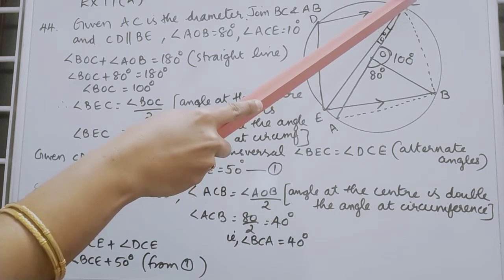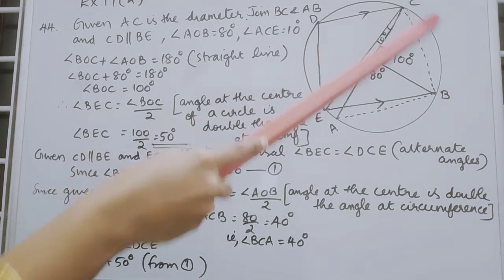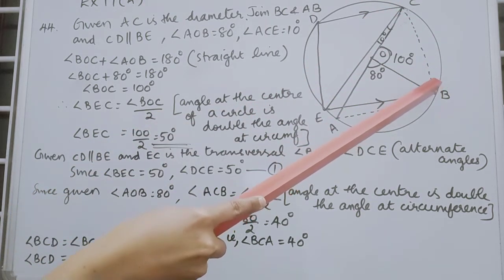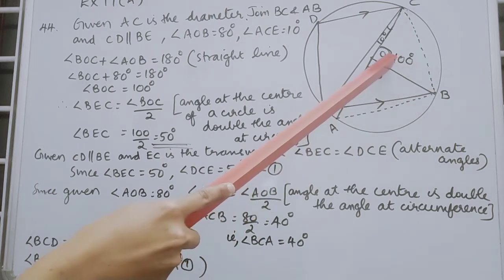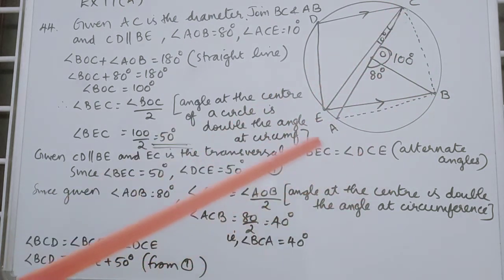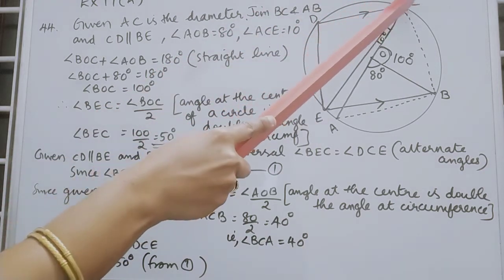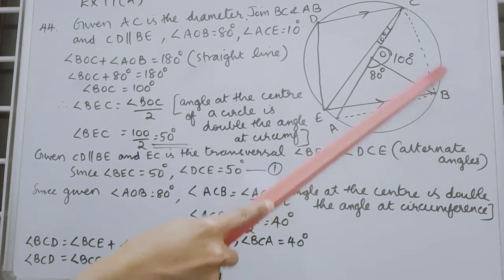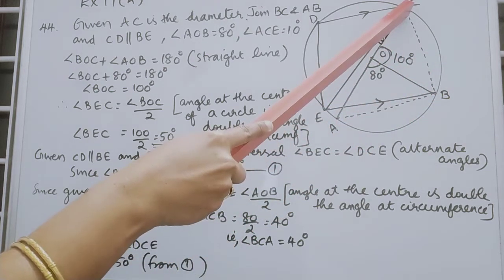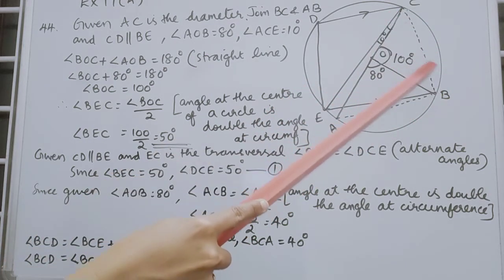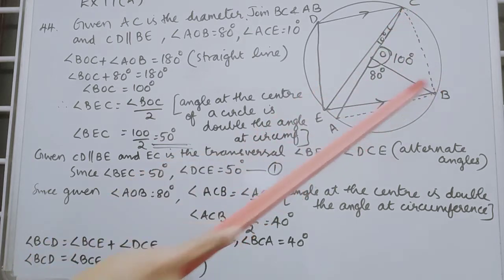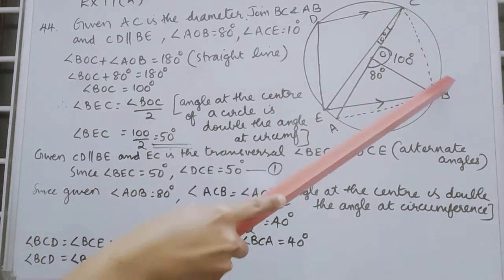Then look at angle BEC. What is the relation between BEC and BOC? Both lie in the same segment BC. BOC is the central angle and BEC also lies in this segment BC.